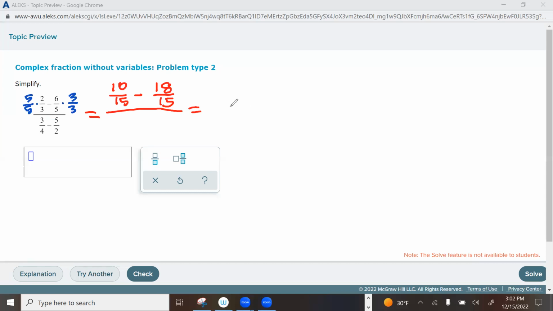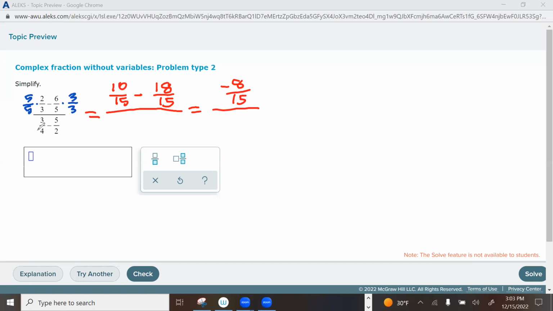And if I subtract, I'm going to get negative 8/15. Okay, I think 10 minus 18, yeah, looks good. So the top of the problem is all done.